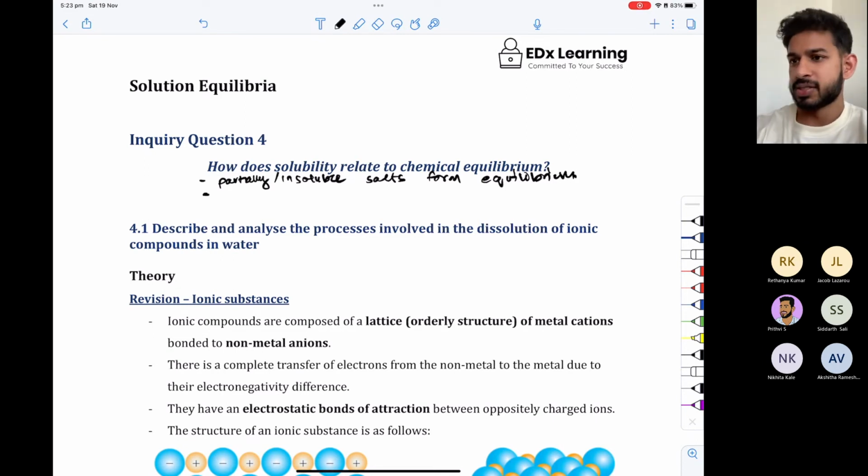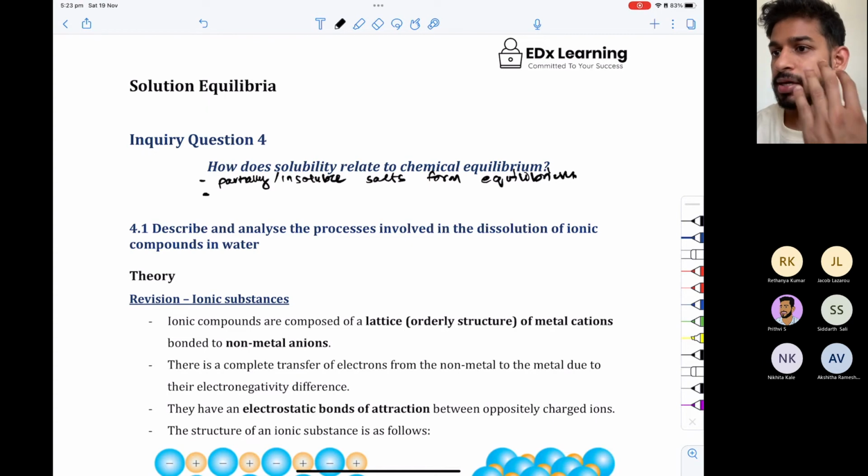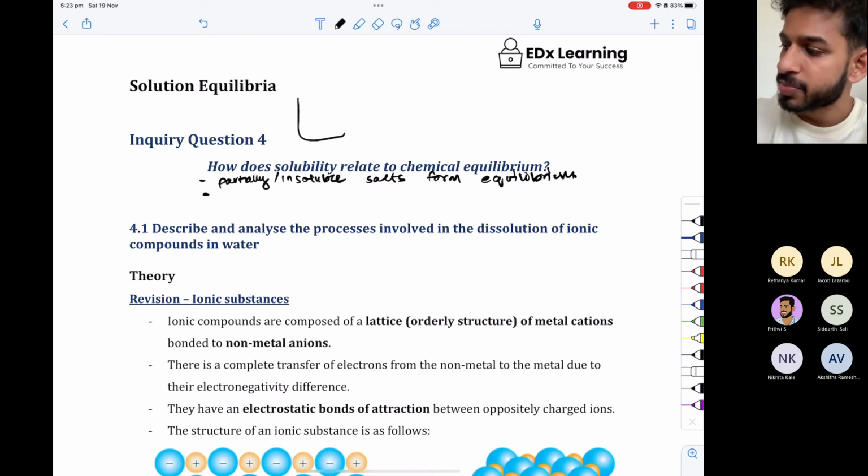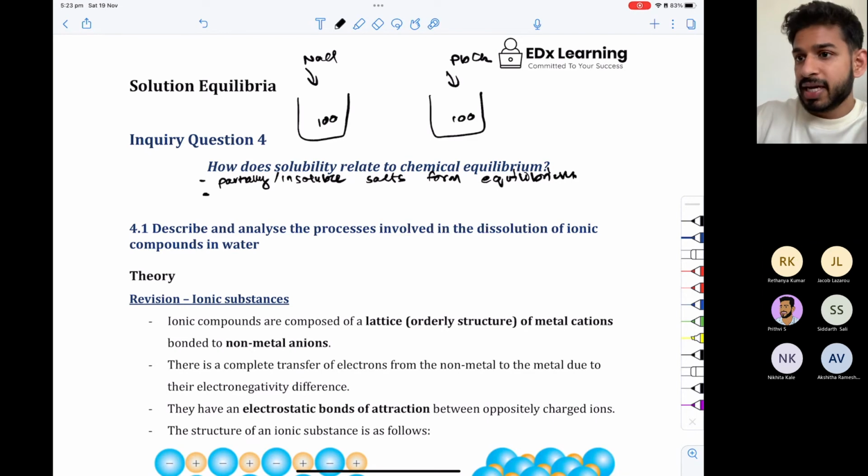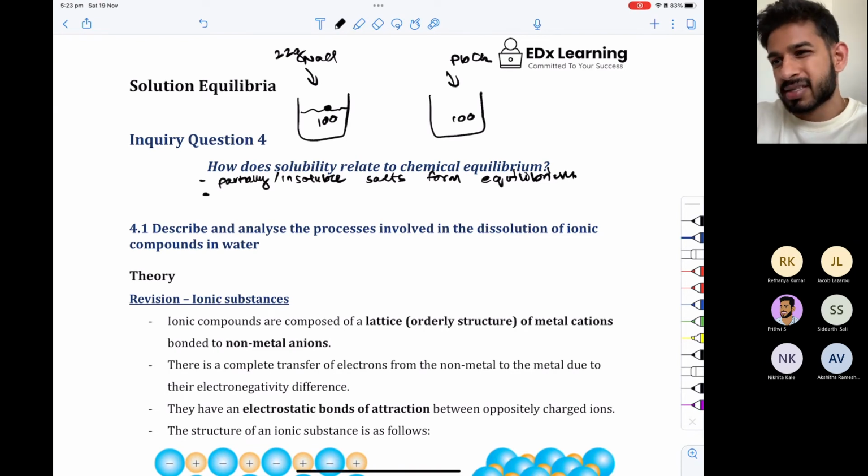Okay, the first thing I want you all to understand is there is no such thing as something being completely insoluble or completely soluble. Think of it more as every salt has a solubility point, right? What I mean by this is if I have 100 ml of water and I add sodium chloride versus lead chloride, it might take me 22 grams of sodium chloride until I start seeing a precipitate at the next increment I add beyond 22 grams.